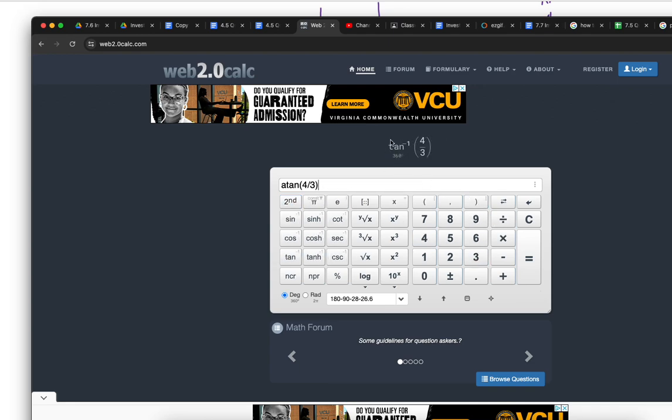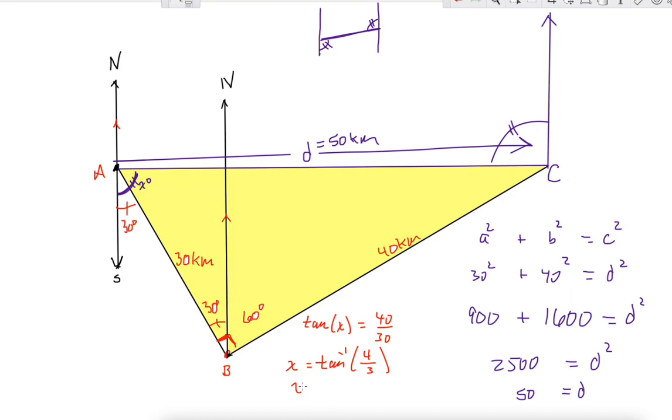On the calculator, inverse tangent of 4 divided by 3. Let's preview that. I'm in degrees. Looks good. 53.1 degrees. So this angle over here, let's call it Y, is going to be equal to 53.1 plus 30, which is 83.1 degrees.